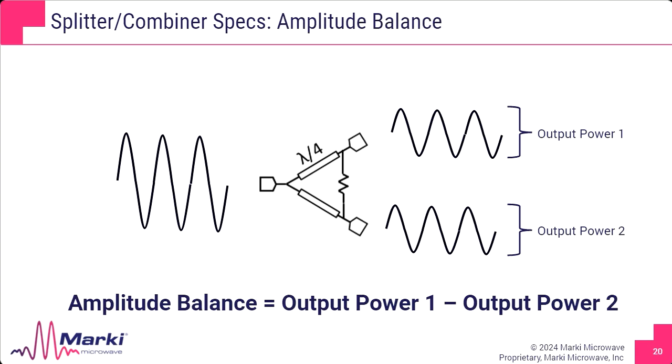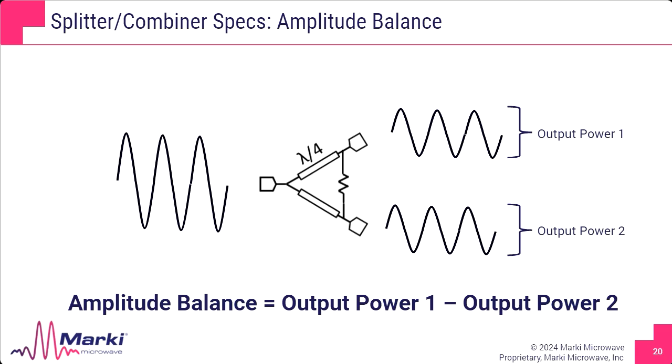Now, the quality and predictability of that power split is defined by its balance. Here, I'm showing amplitude balance, which is defined as the relative difference in output levels for a given power split. So in an ideal power splitting scenario, we will have 0 dB amplitude balance, ensuring that the power coming out of each port is identical.